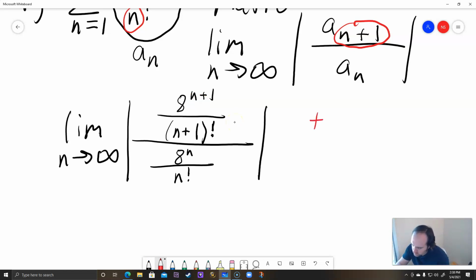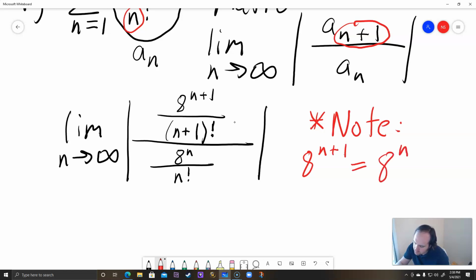So, important note: 8 to the n plus 1 equals 8 to the n times 8. Because if you think about it, they have the same base. So 8 to the n times 8 is the same as 8 to the n times 8 to the 1. If you multiply the same bases, you add the exponents, and you get 8 to the n plus 1.